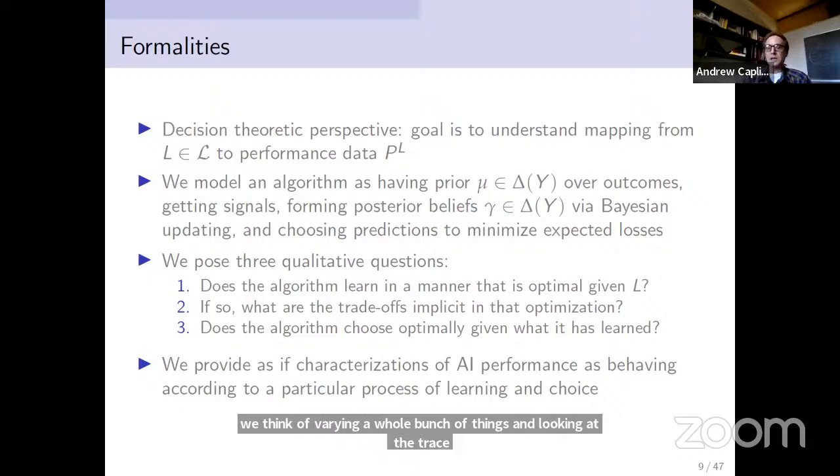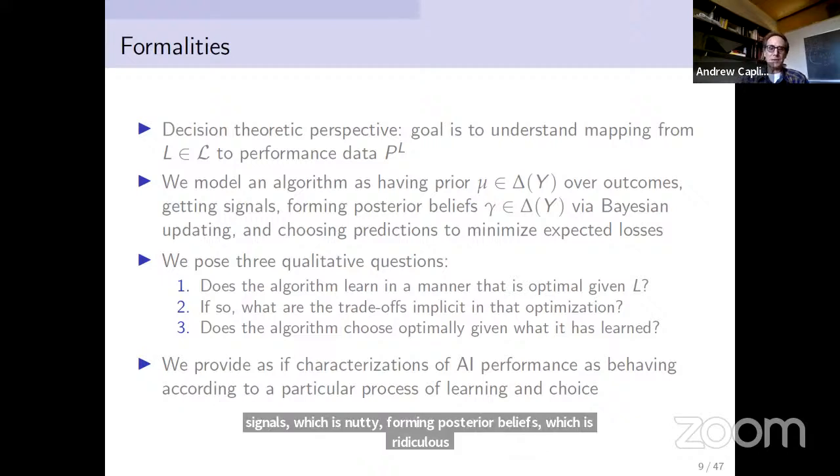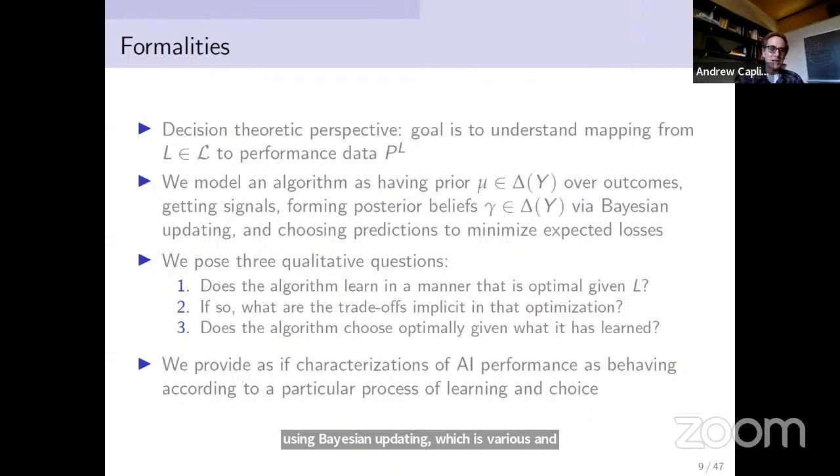And all the models that we're going to consider are, as if, Bayesian. We're going to think of a model, an algorithm, as having a prior, getting signals, forming posterior beliefs using Bayesian updating, and choosing predictions to minimize expected losses.